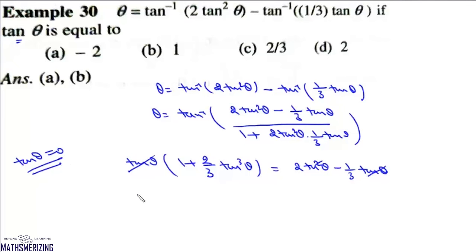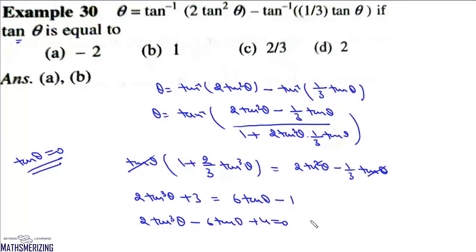Now we can write this as 2 tan cube theta plus 3, and it'll be equal to 6 tan theta minus 1. So we can write this equation as 2 tan cube theta minus 6 tan theta plus 4 equals 0, which is tan cube theta minus 3 tan theta plus 2 equals 0.